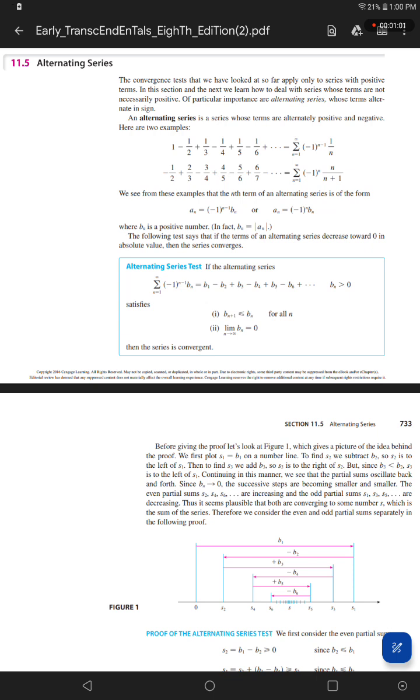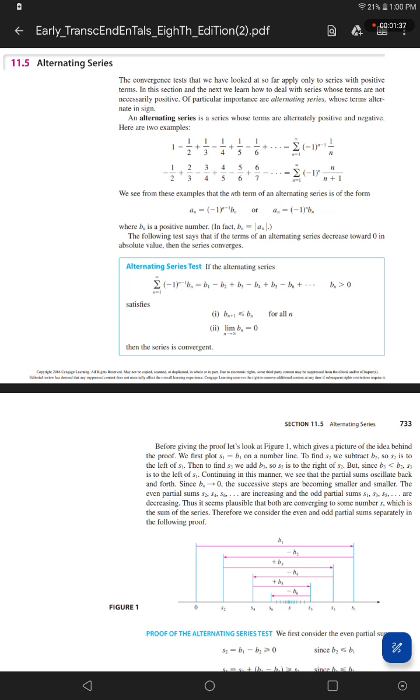And the next line is -1/2 plus 2/3 minus 3/4 plus 4/5 minus 5/6 plus 6/7 minus ellipsis equals the sum from n equals 1 to infinity of (-1) to the power n times n over n plus 1.